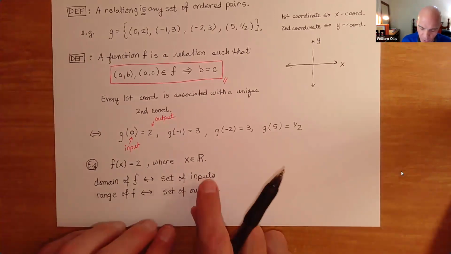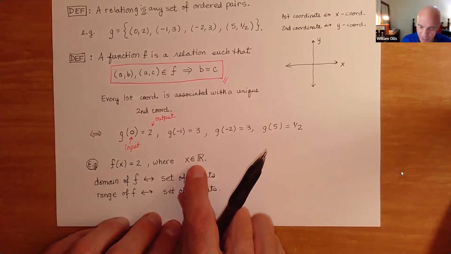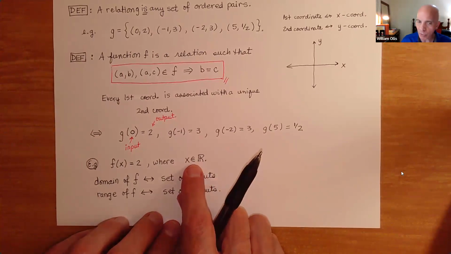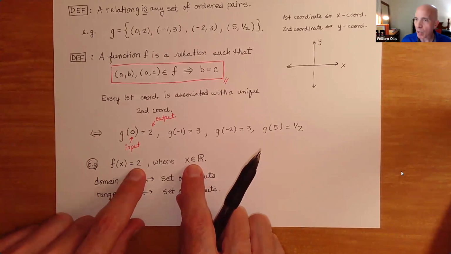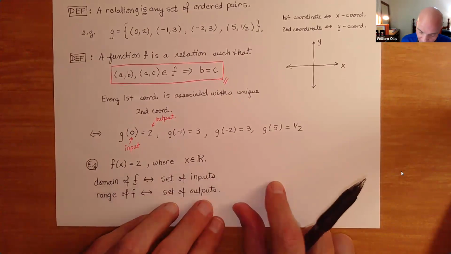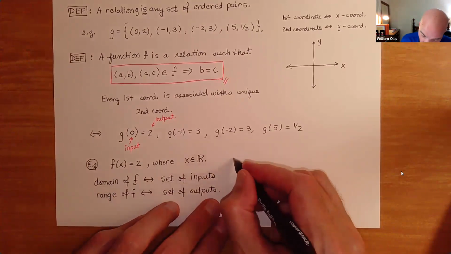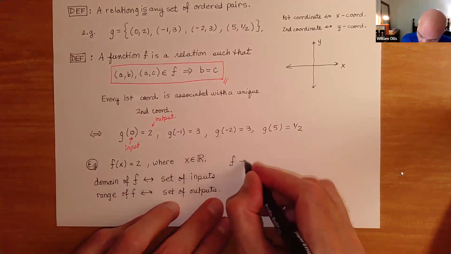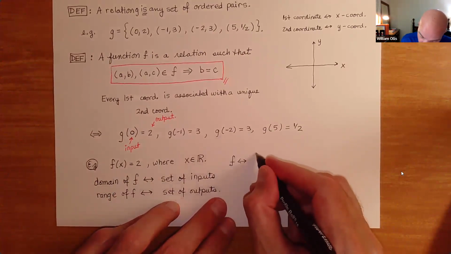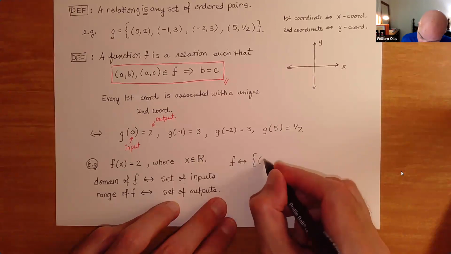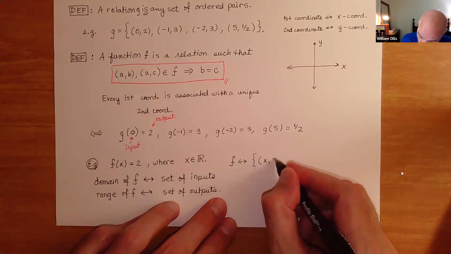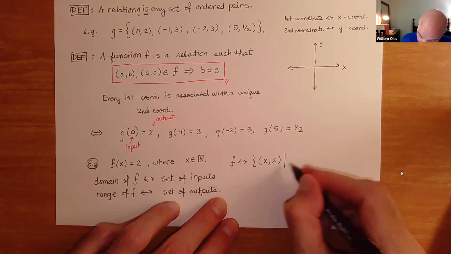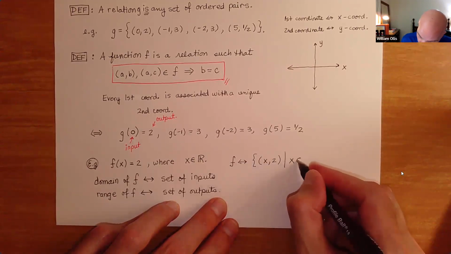But in this particular case, what we're thinking of is that we want to input any real number, and the output will always be 2. So we can think of f this way. So f is this set of ordered pairs. It corresponds to the set of ordered pairs (x, 2) such that x is a real number.